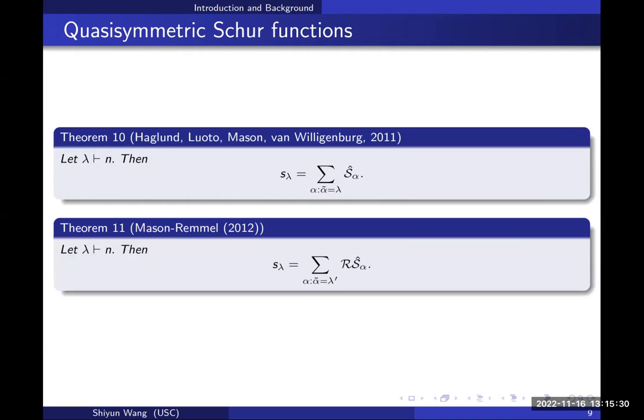Wait, hang on. Is it always true that S hat is a positive sum of the RS hats? I think I misunderstood your answer to the previous question. So the S hats are the Young ones, is that right? I think the Young ones are always a positive sum of the other ones. I'm confused.